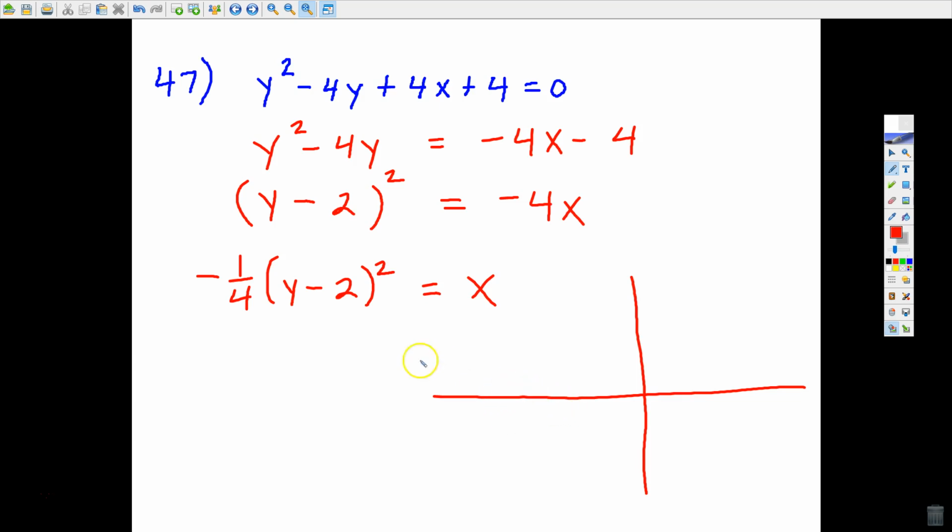Well, we're going to do that eventually to find out the focus. Right now, we just want to look at this to tell the vertex. Our x-coordinate would be something added or subtracted to x. What's added or subtracted to x?